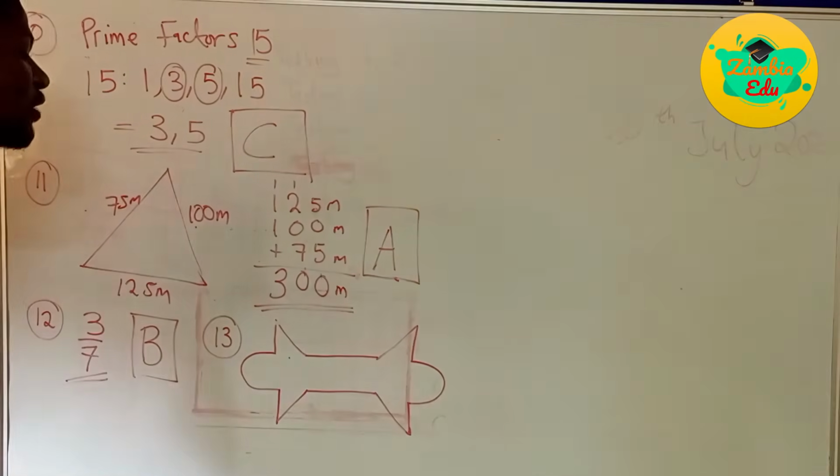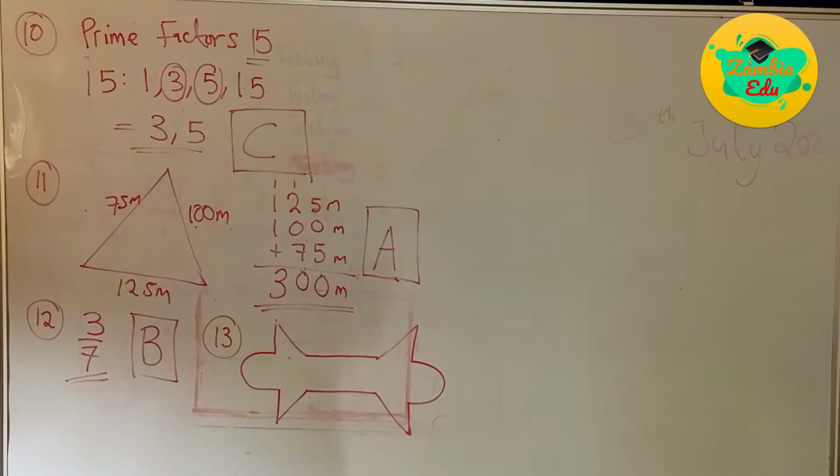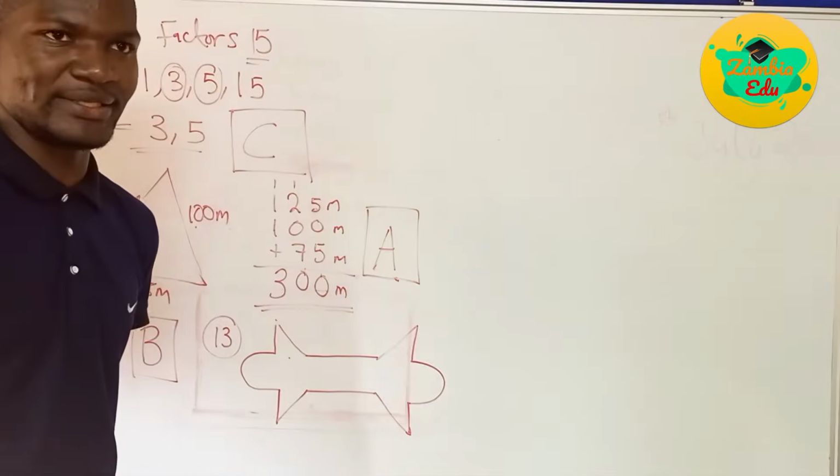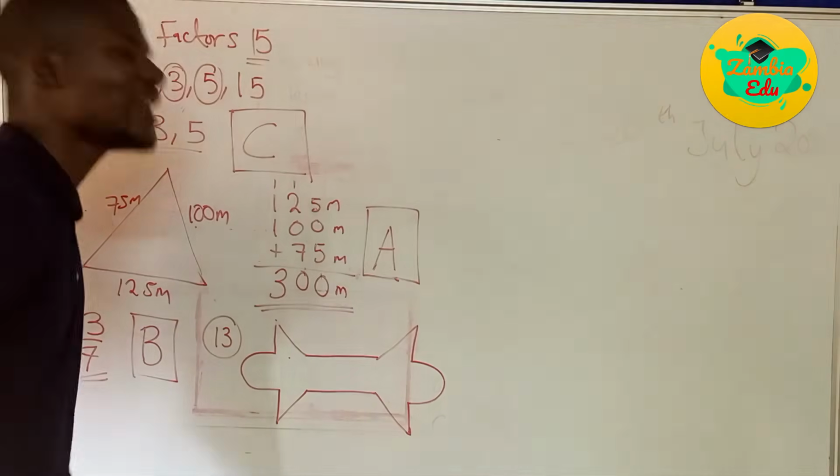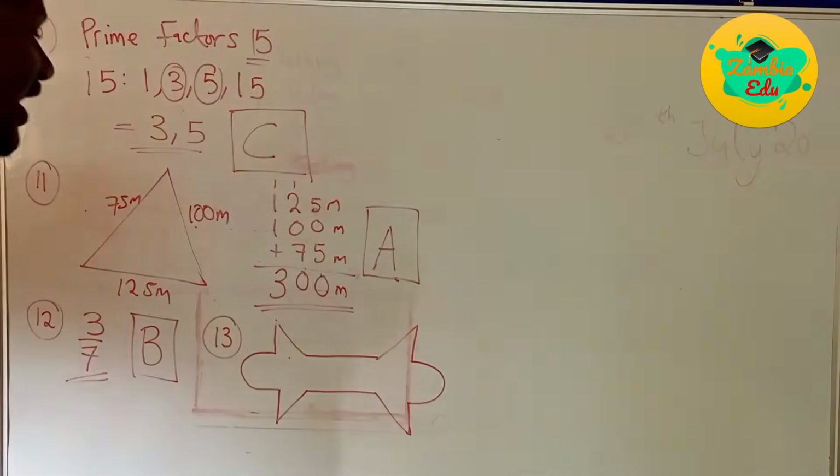A line of symmetry is a line which is able to cut a given shape into 2 equal parts. Any given shape, when it is cut into equal parts, that line which cuts it into 2 equal parts is called the line of symmetry.